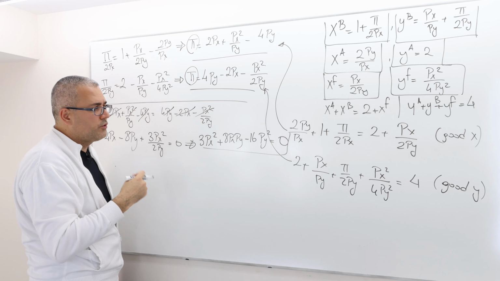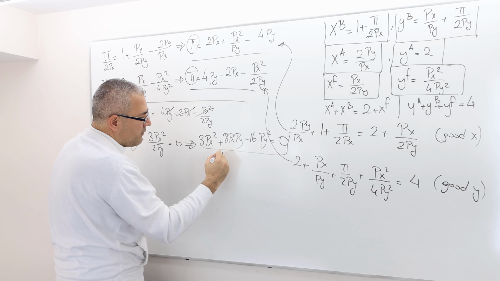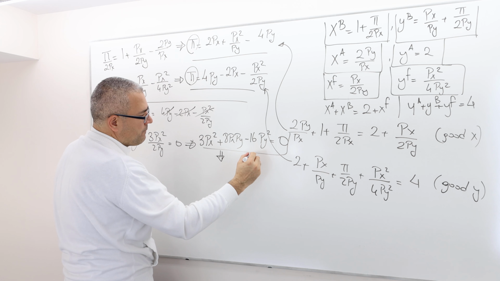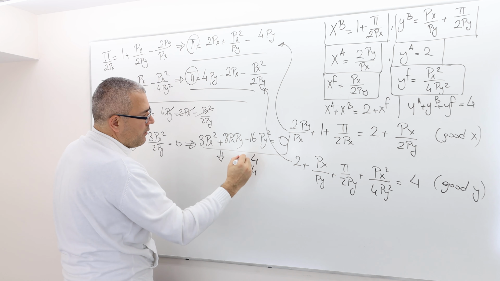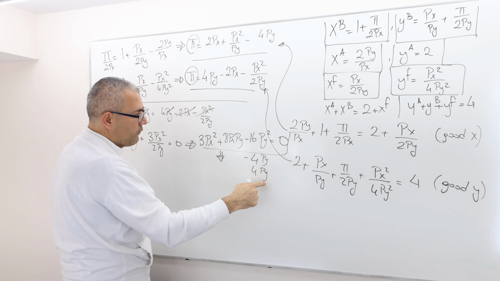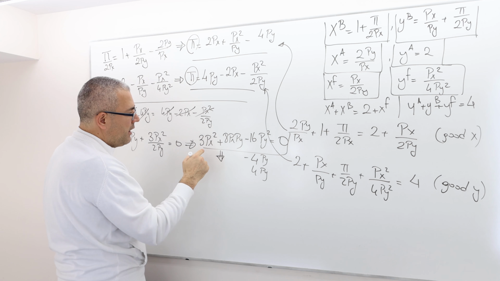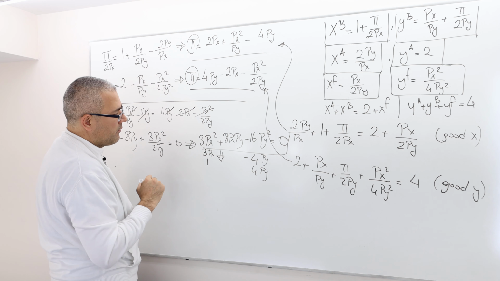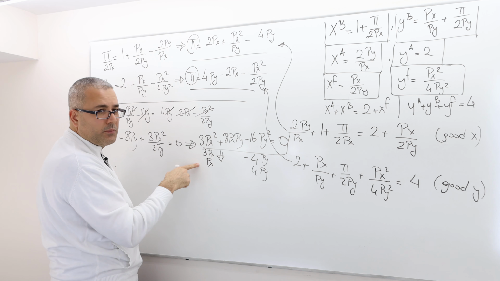Well, what are the roots of this? Or can I write this as the following? This is 4py, minus 4py, the multiplication of these two. This is 3px and 1, just px, so both plus.